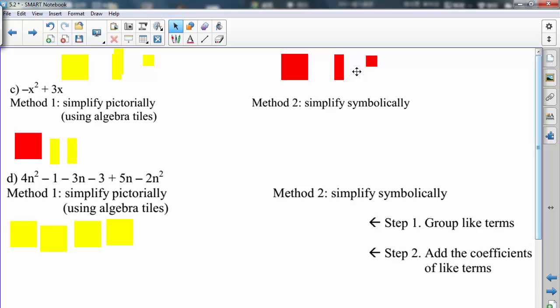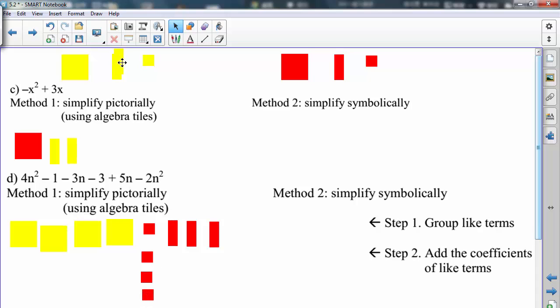Minus 1, that means it's a red little square. Minus 3n, drag 3 red rods. Minus 3, drag another 3 red little squares.